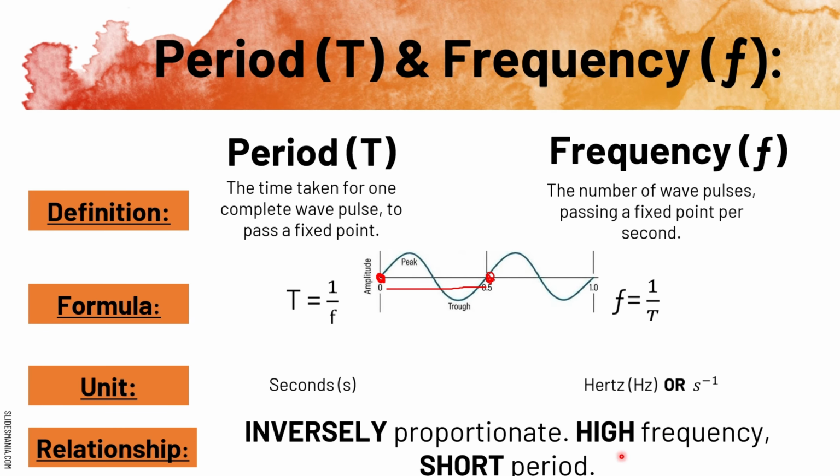So higher frequency, meaning more waves are going to pass a specific point in 1 second. For instance, here it was only 2 waves. Now it's going to be 6 waves, for instance, that's going to pass in 1 second. If it's going to be 6 waves, then we know that the period is going to become shorter, which means the time that it's going to take to complete one wave is going to be less.